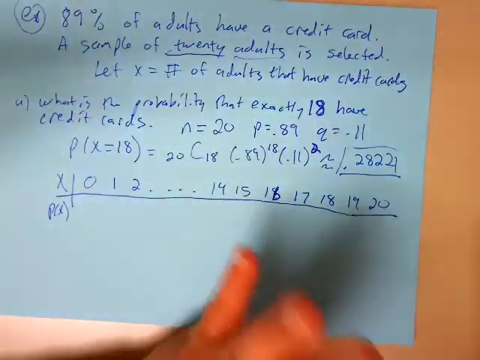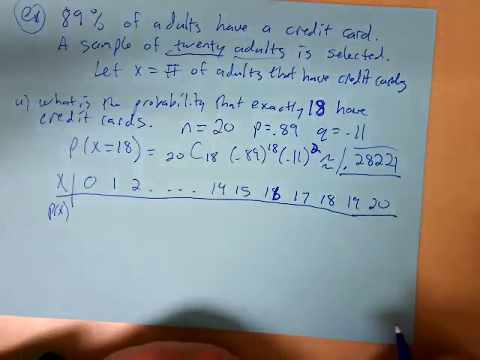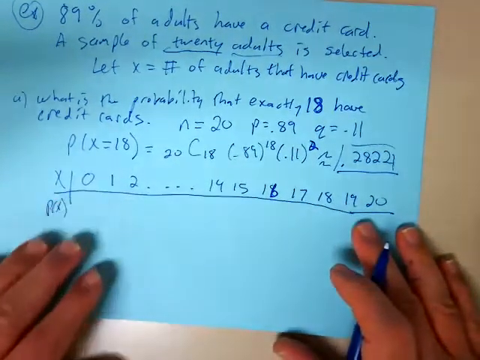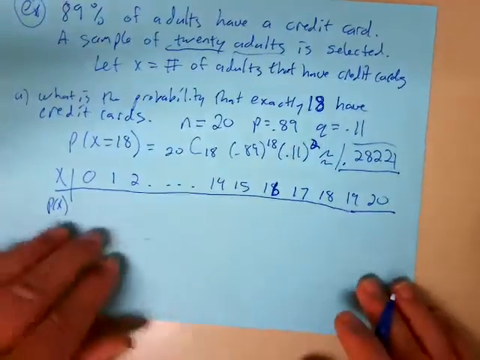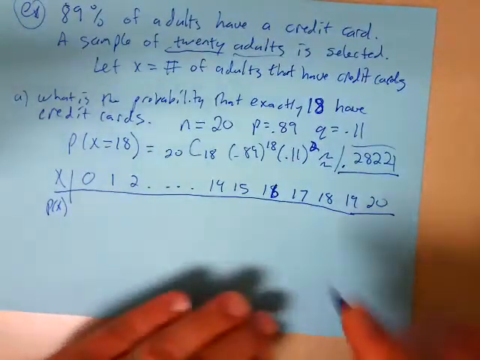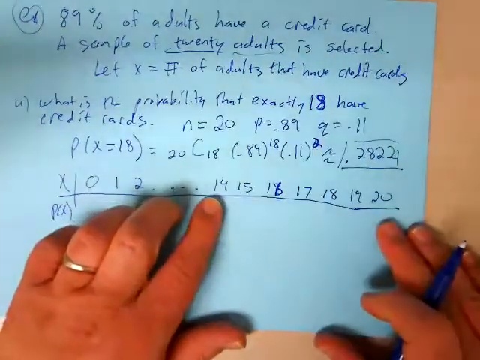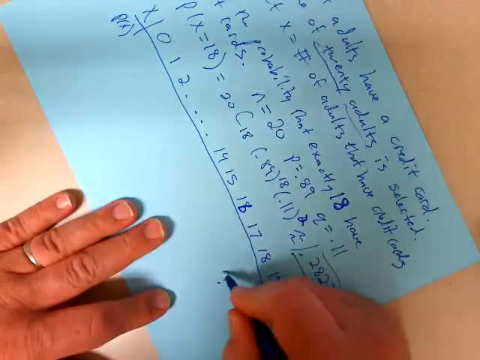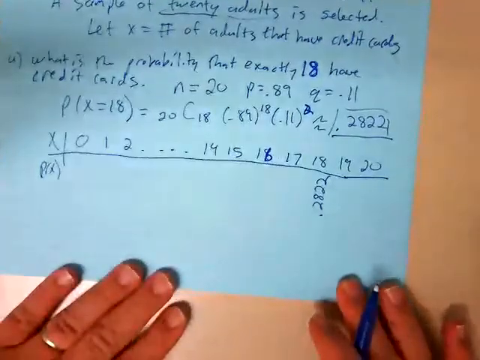Well, I just know that because of the question I'm going to ask here. So you'll have to decide how to make this table, and you can look ahead to what questions they ask you to know what to include here. Okay? But let me write this probability right here, because that's what that is. 0.2822. So that's the probability for 18.